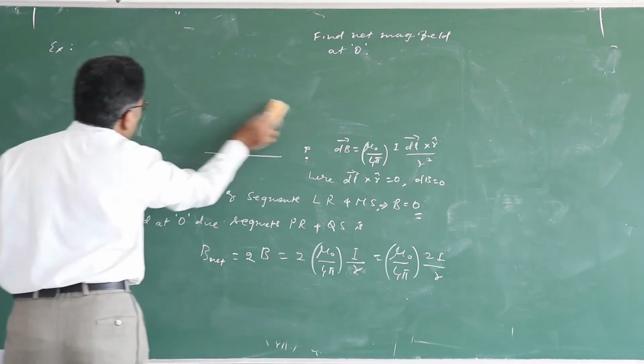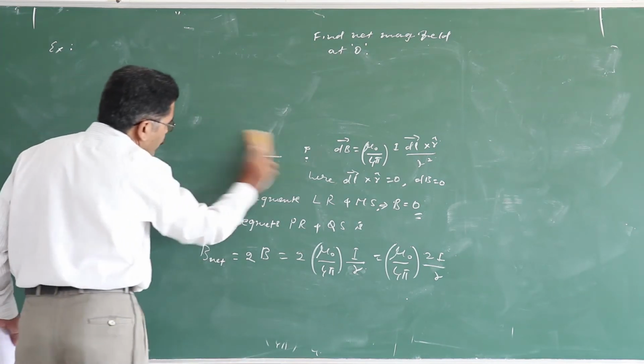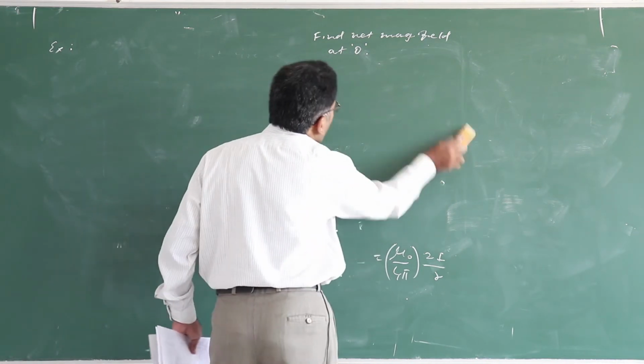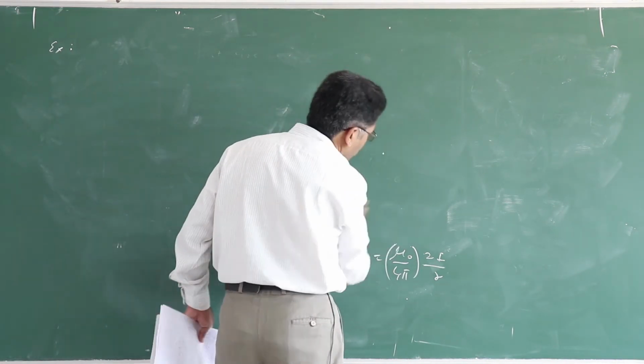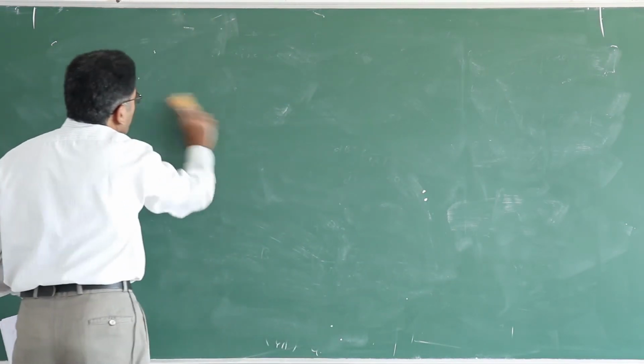So let us consider the magnetic field due to a current carrying coil. So far we have considered a straight conductor. Now let me take up the magnetic field due to a current carrying coil. We shall take up various problems related to this.